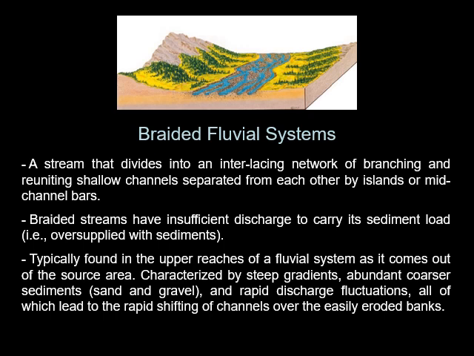So normally the supply of sediment is too much. Typically found in the upper reaches of a fluvial system, they are characterized by steep gradients, abundant coarse sediments, namely sand and gravel, and rapid discharge fluctuations. They are typically wide and shallow during the slack water stages.